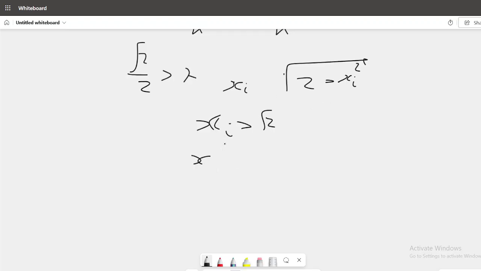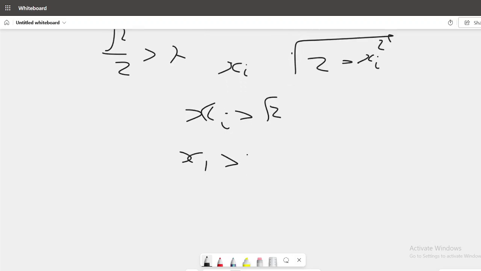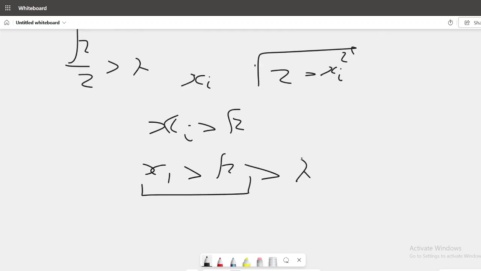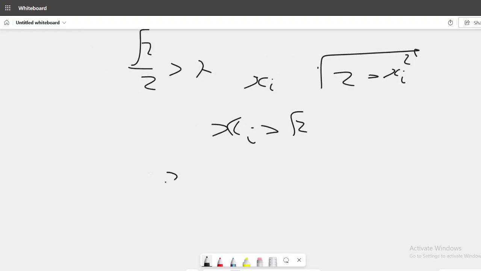Without loss of generality, we can assume x1 is greater than root 2. And if this happens, then the game's already done because this is greater than lambda times 2, right? And Alice has already lost.